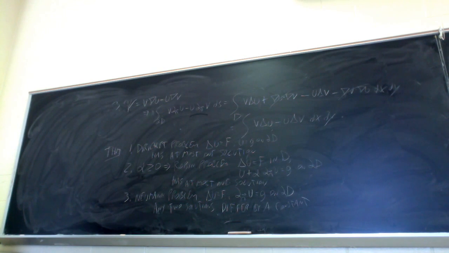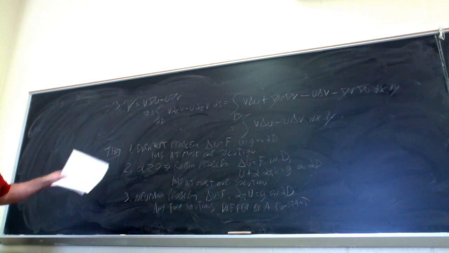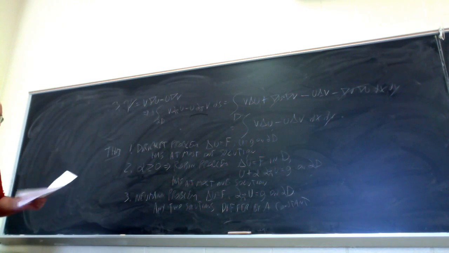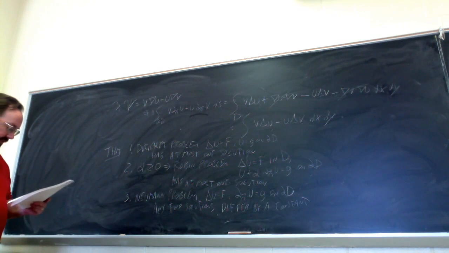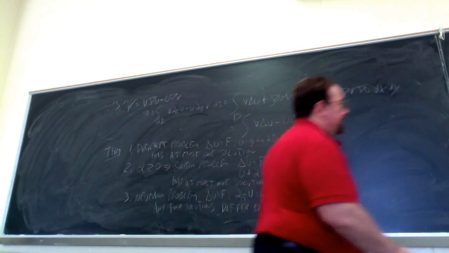All right. So now, it turns out we have three Green's identities. I'm not going to bother proving number 1, because I already did. So for numbers 2 and 3, we can actually use this third Green's identity to prove both of these.